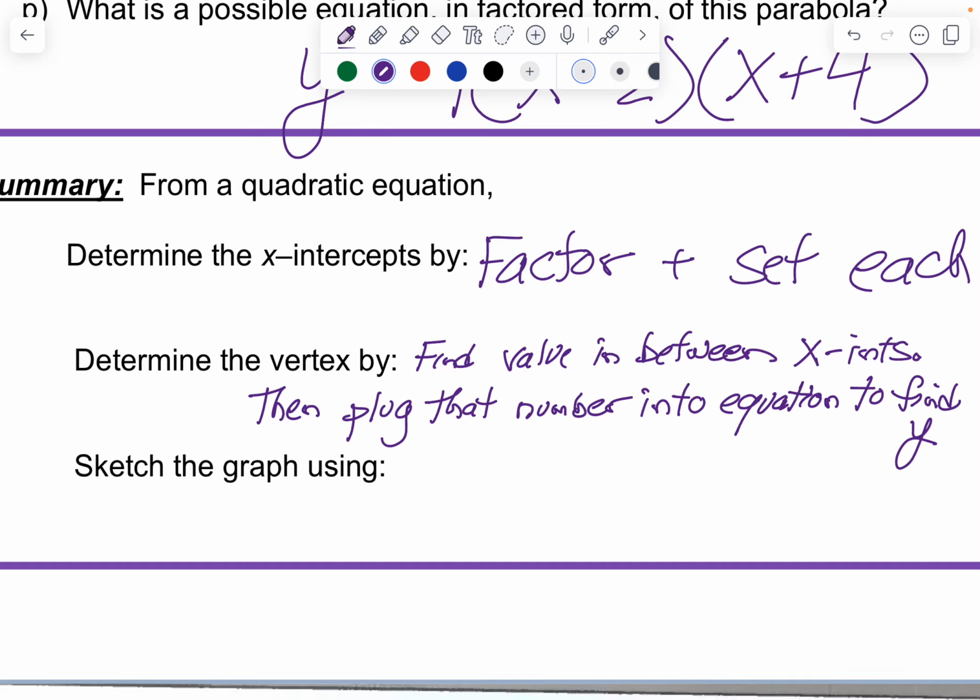And then in order to sketch it, we use the vertex and the x-intercepts and go ahead and make your parabolic function.